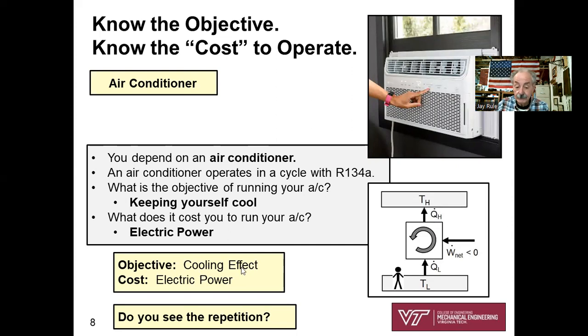Objective, cooling effect. Here's that stick figure, that's you. Cost, electric power. And now I'm hoping that you're seeing the repetition of where we're headed. I keep talking about what's the objective, what's the cost.